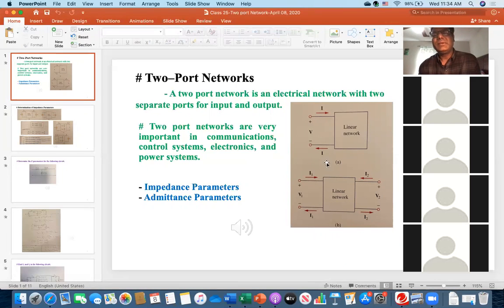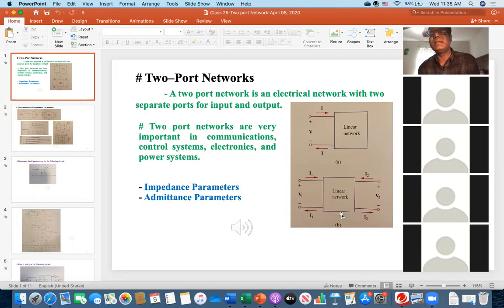Now, you all know about circuits, and because you have studied transformers, magnetically coupled circuits, operational amplifiers or transistors, you know the nature of a two-port network. But two things are very important. One is called impedance parameters, the other is called admittance parameters. See the bottom figure, which I'm calling a two-port network.